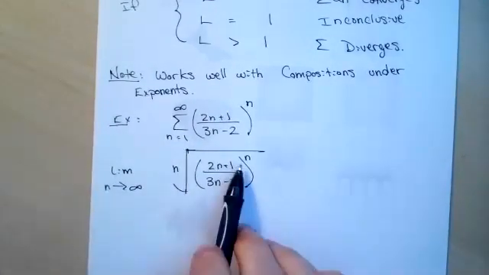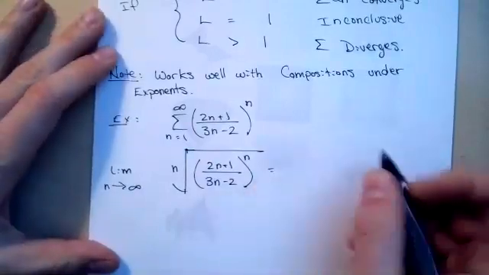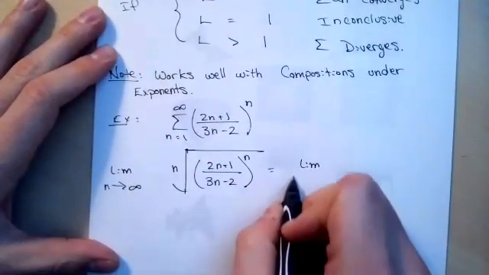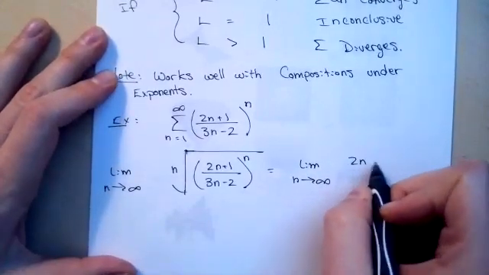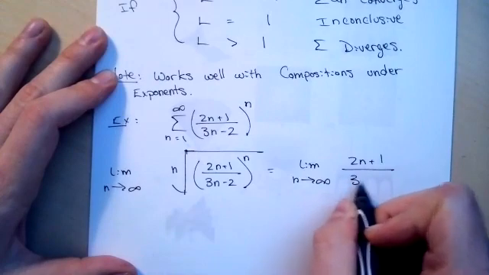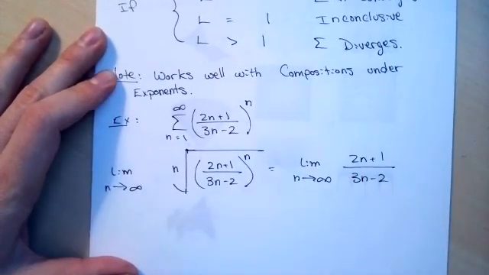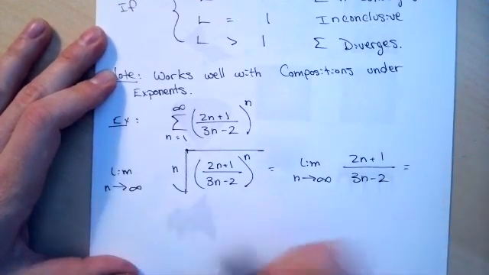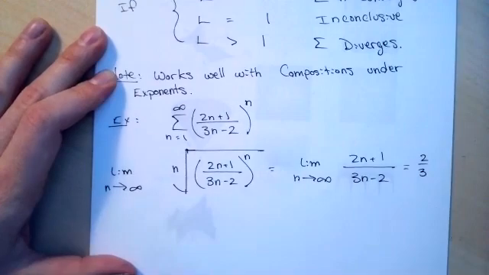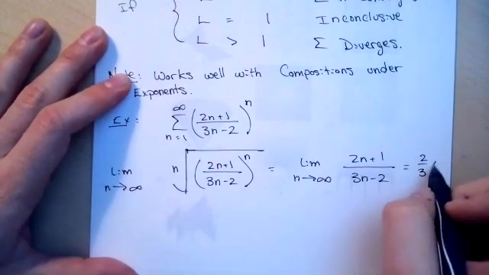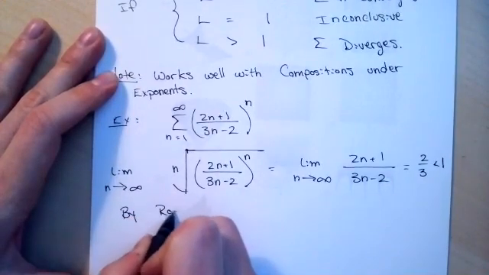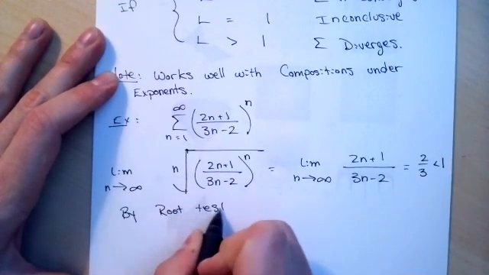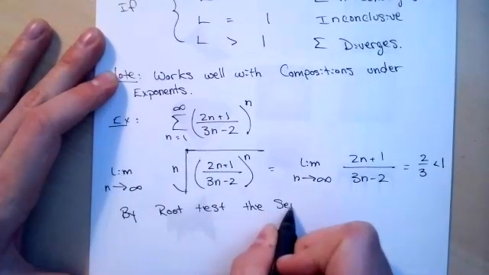And why is that? Well, of course, the nth roots are going to cancel each other out. And then when I compute this limit, we're going to get 2/3. 2/3 is less than 1. So by the root test, the series converges.